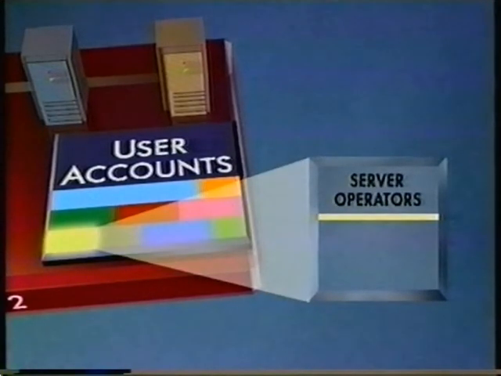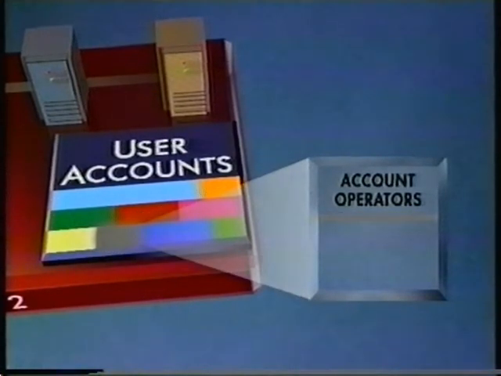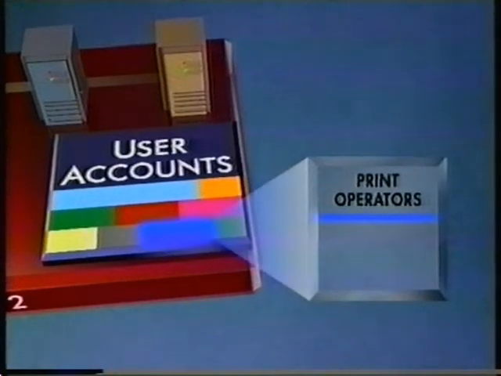Accounts assigned to the server operator group can lock a server or override a lock and back up, restore, or shut down servers. Accounts in the account operators group can create, modify, and delete users, local groups, and global groups. Accounts in the print operators group can share printers and stop sharing printers.